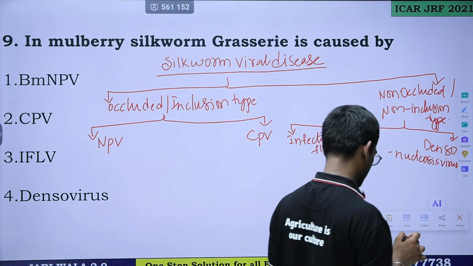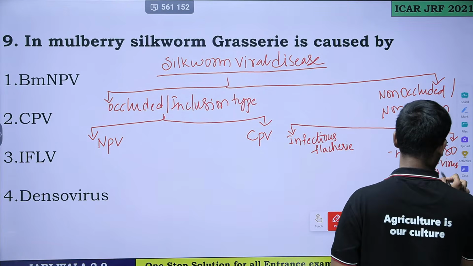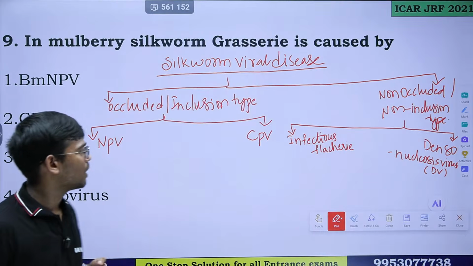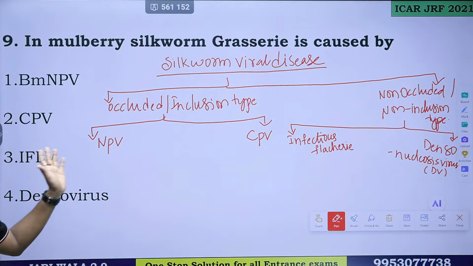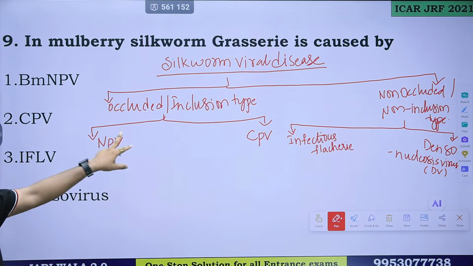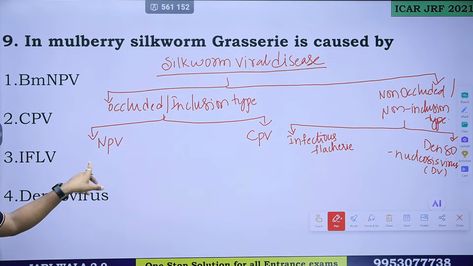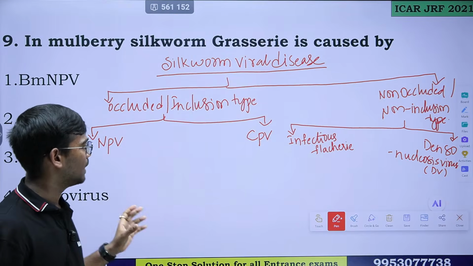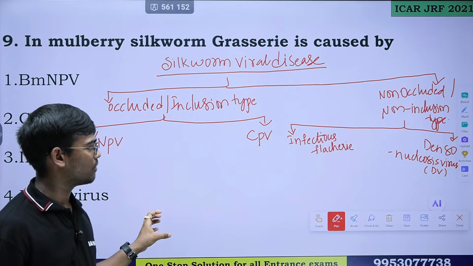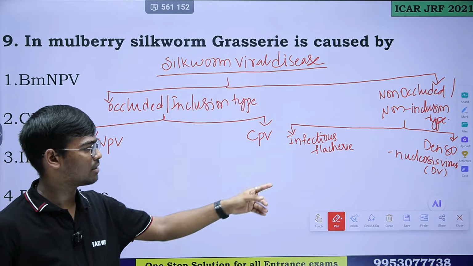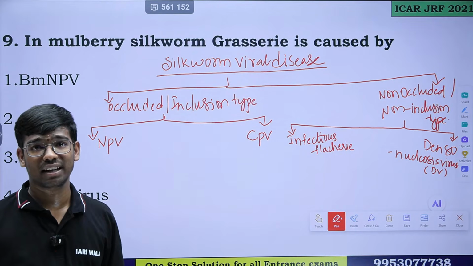Okay, it's DV, densonucleosis virus. So silkworm viral disease has two types, occluded and non-occluded. In occluded there are two and in non-occluded two. In the occluded or inclusion type, we have NPV and CPV, that is nucleus polyhedrosis virus and cytoplasmic polyhedrosis virus. In non-occluded, we have infectious flacherie and the densonucleosis virus, labeled as DV.